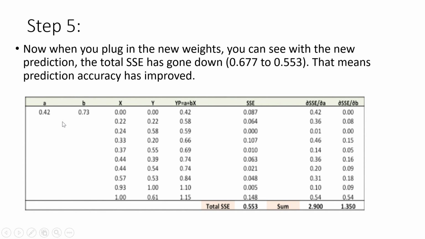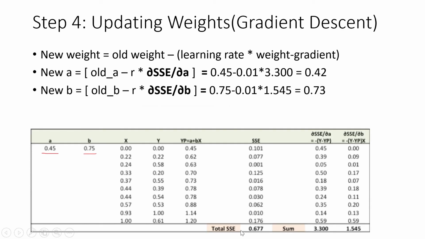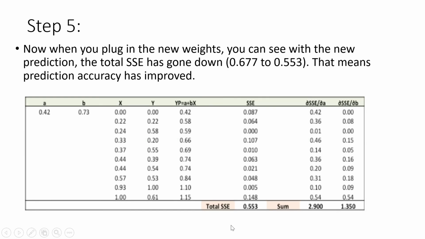And the important observation over here is that total sum of squared errors across the whole training data over here is 0.553, and with the previous weight values it was 0.677, which means when we updated our weights, our error reduced, which means that we got one step closer to the solution. Now we'll do steps 2 to 4 again and again and again until we find the convergence.